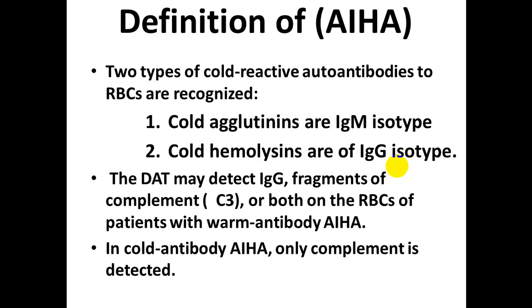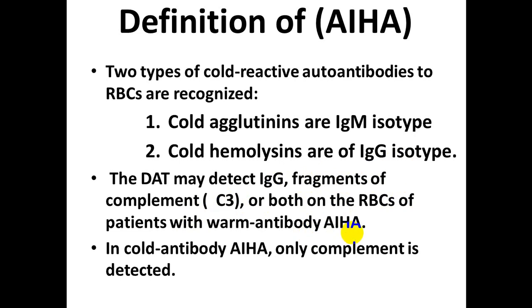The direct antiglobulin test or Coombs test might detect IgG, fragments of complement C3, or both on the red blood cells of patients with warm antibody autoimmune hemolytic anemia.